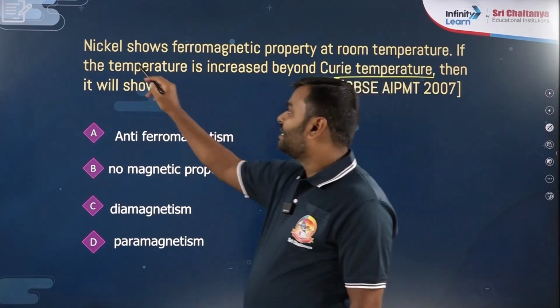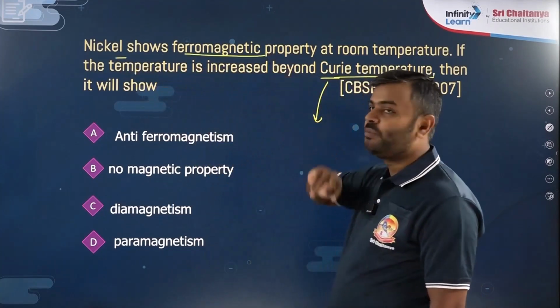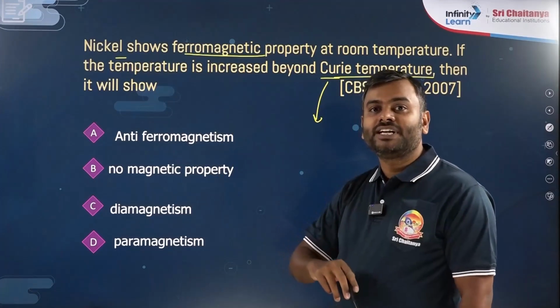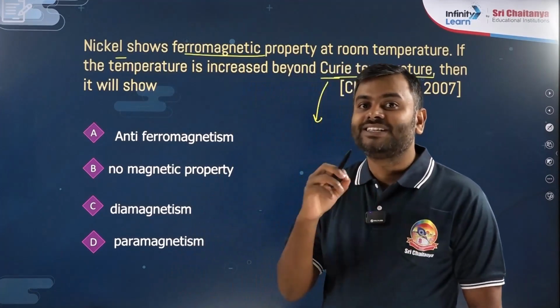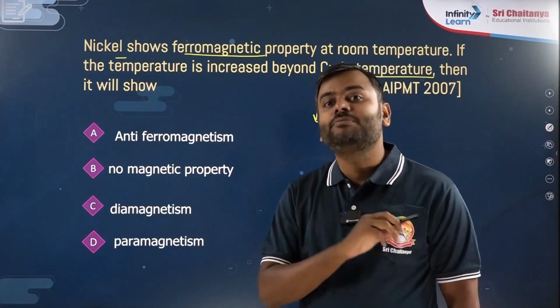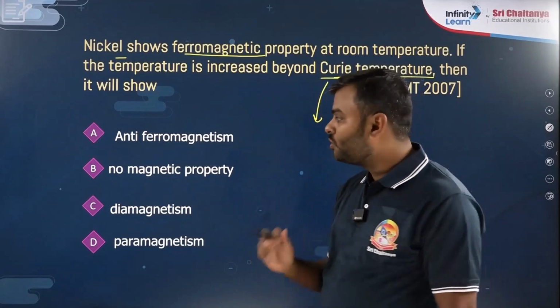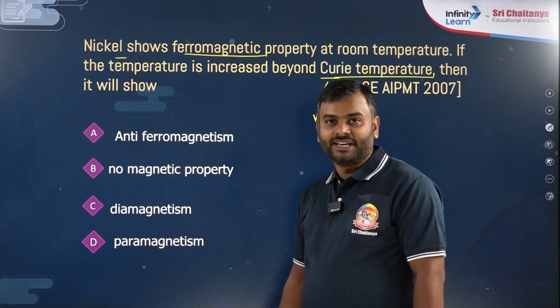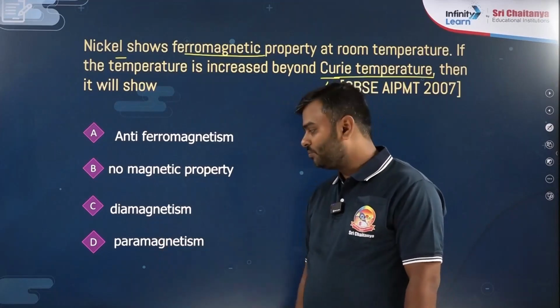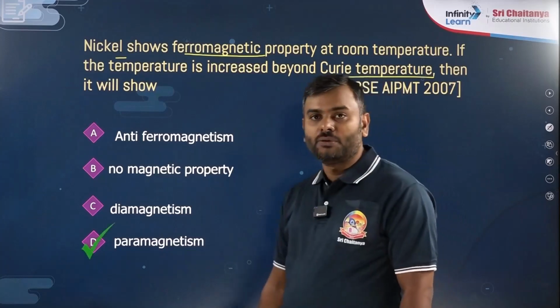So what they are saying is that nickel is showing ferromagnetic property. If the temperature of that nickel becomes more than the Curie temperature, then it will start showing paramagnetic properties. Understood? So what should be the correct option here? D option, paramagnetism. So D option is the correct option.